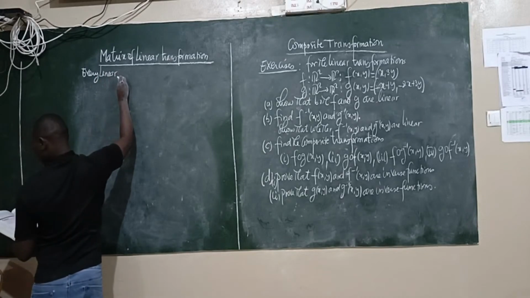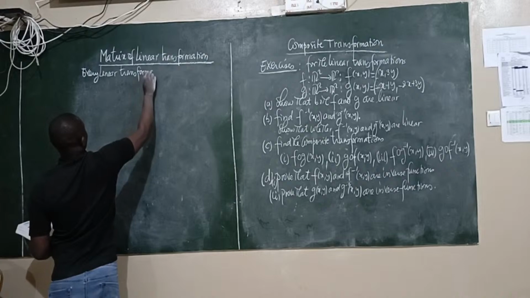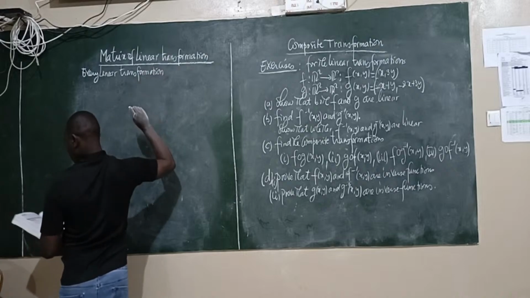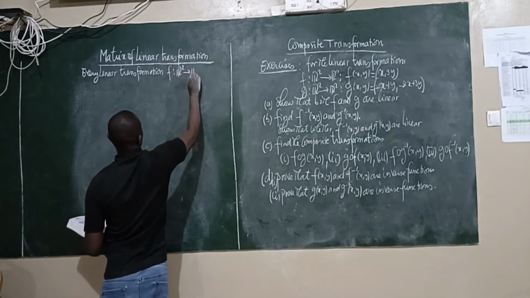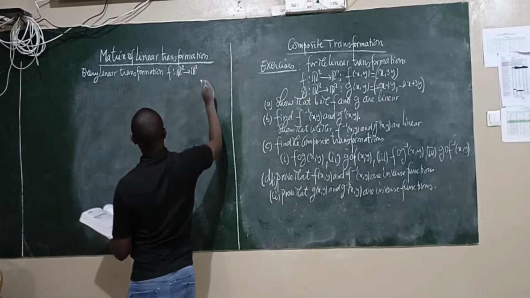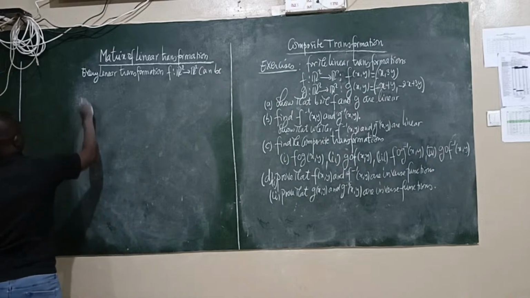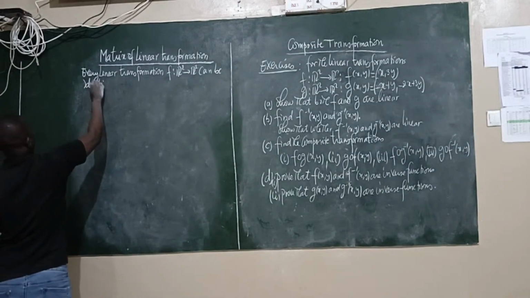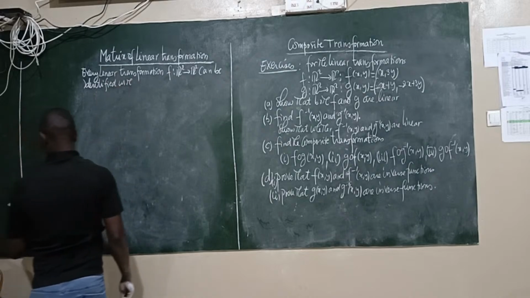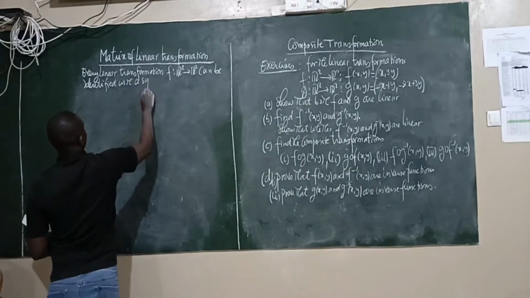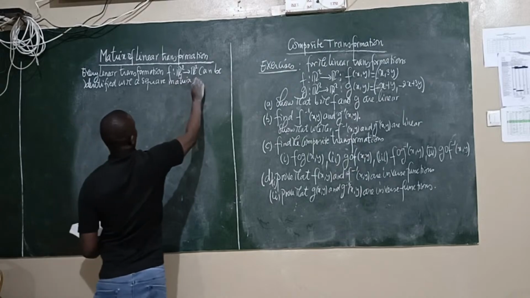A linear transformation that maps R2 to R2 can be identified with a square matrix of order 2.